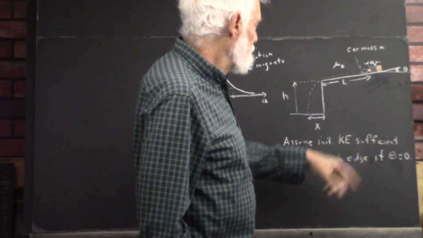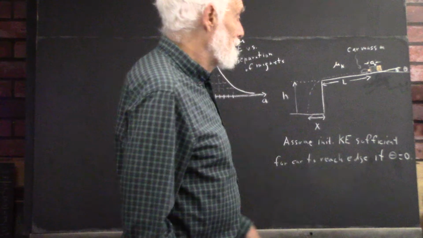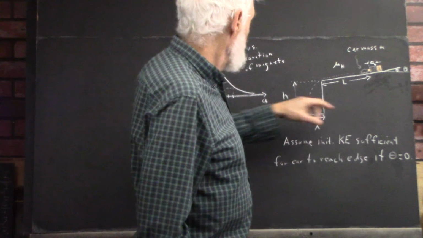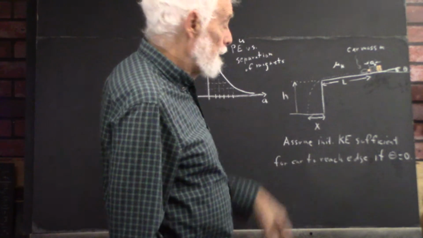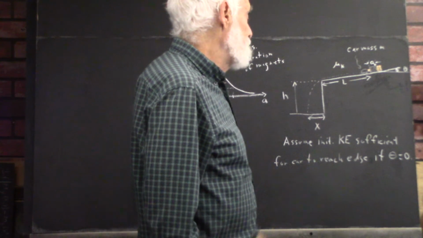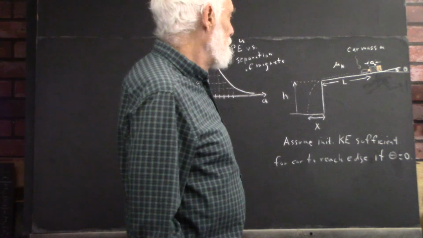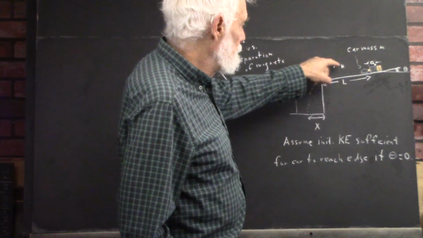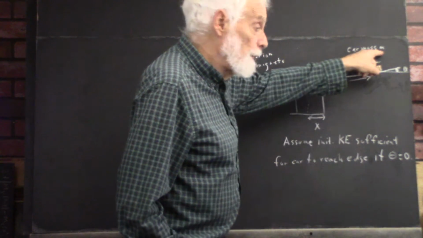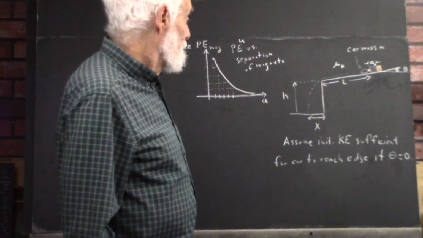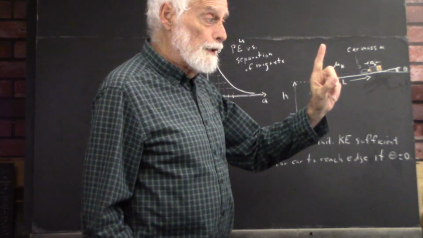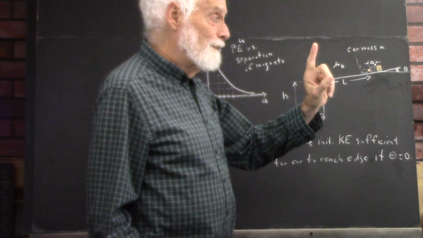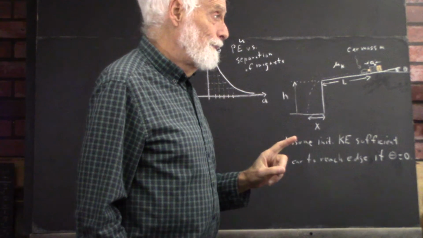If you know everything else, tell me the mass. If you know theta, you know A naught, you've got the potential energy diagram, and so forth. And you can mix it up. You have all these variables: x, h, l, mu k, A naught, theta, and the mass m. If you know all of them except one of them, you can find that one.